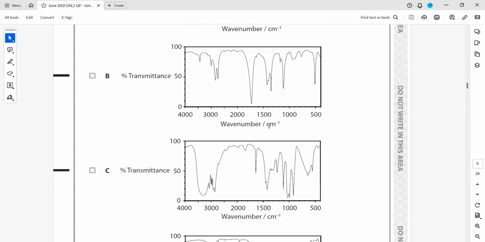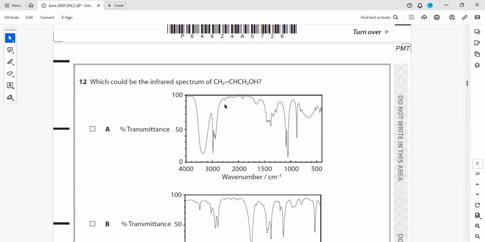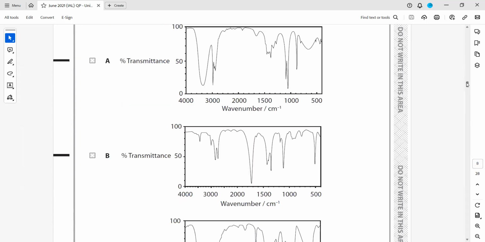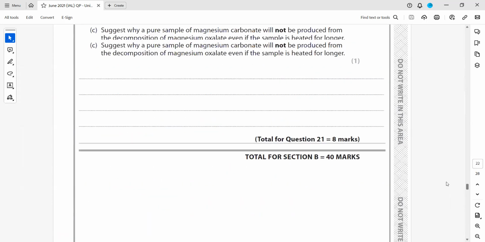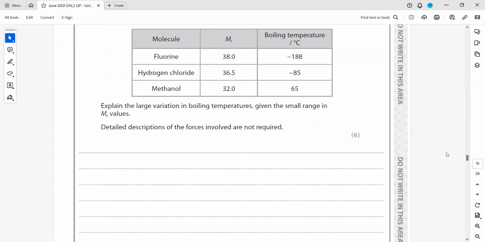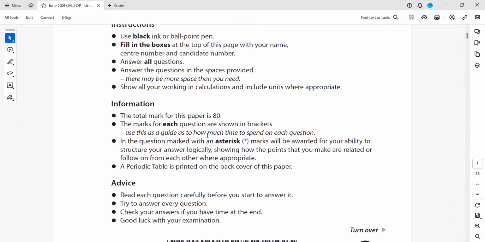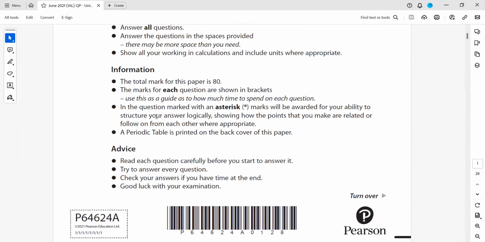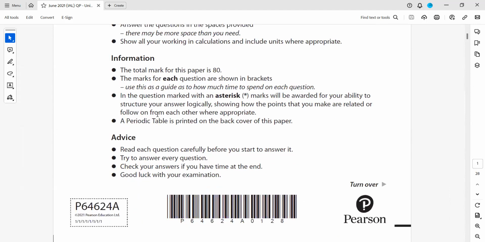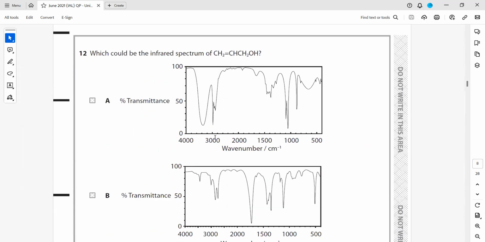The percentage transmission is given. Which could be an infrared spectrum of CH2=CH and then OH is there.